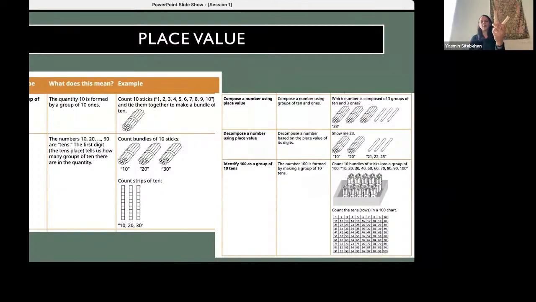Or here are 2 bundles of 10 and 4 ones. What's the number? 24. Right? So those are just some different ways to think about bundles and sticks. Question? Anyone?